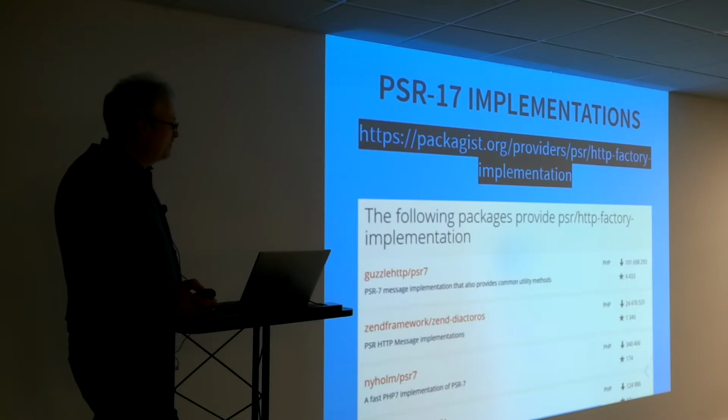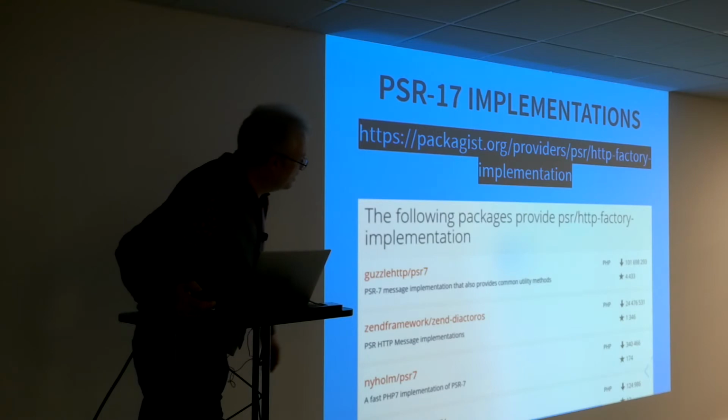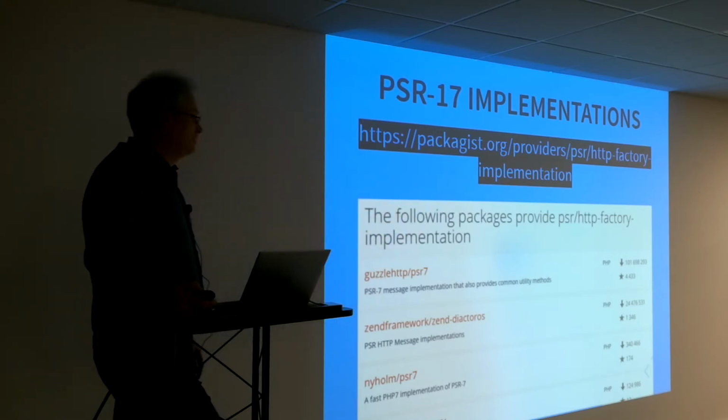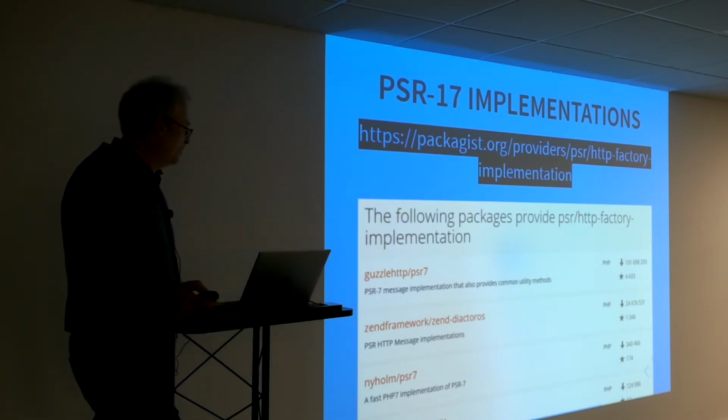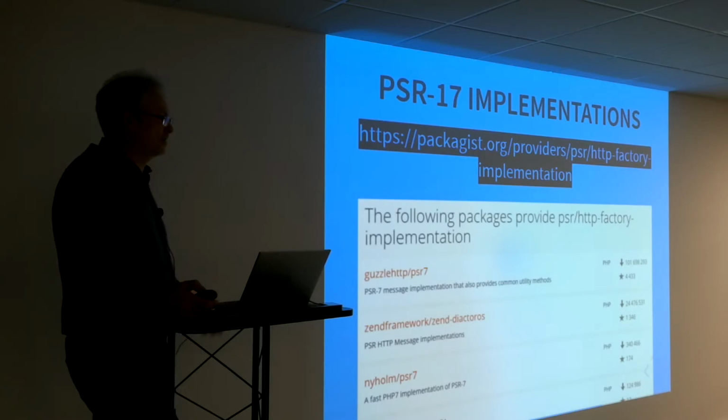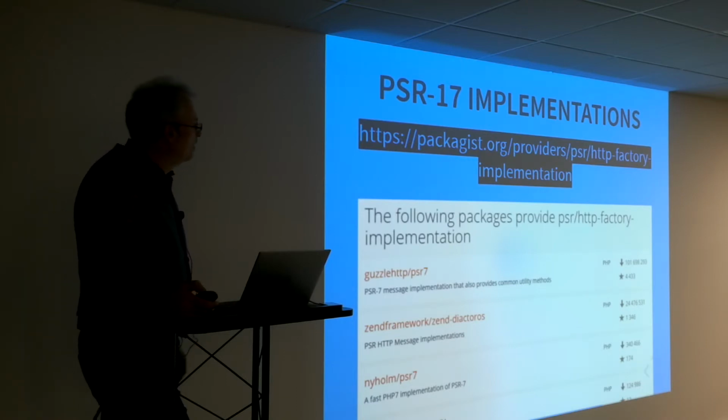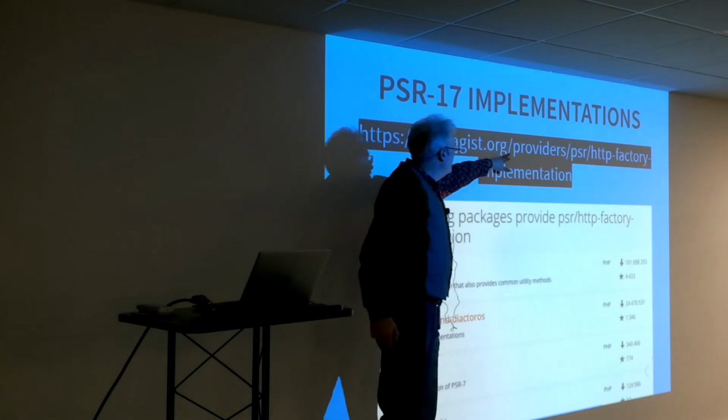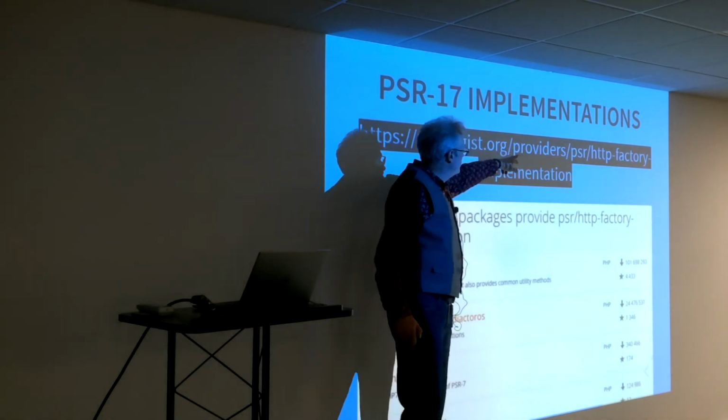So implementations, these factories. This is just a snapshot of the top of the packages page, which gives us some factory implementations. As you can see, 101 million downloads. They're obviously very popular because they're used in a lot of frameworks. This is quite a good hint here if you want to look at the providers on packages.